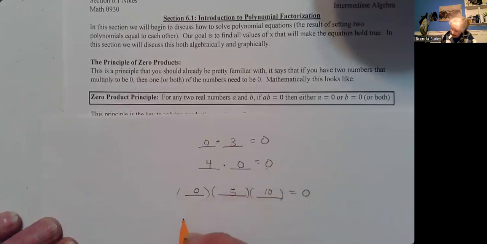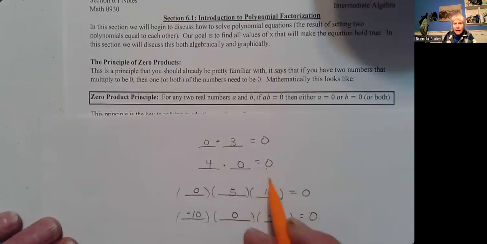Or if the second number happens to be 0, it doesn't matter what these are, -10, -5, you still get 0. Just one of them, or the third number. So you have the idea: we're going to break polynomials into factors and then set each of these equal to 0, because only one of them has to be 0.